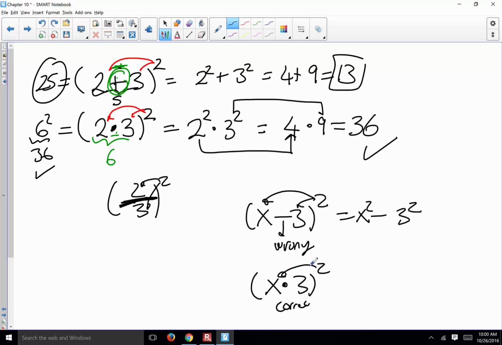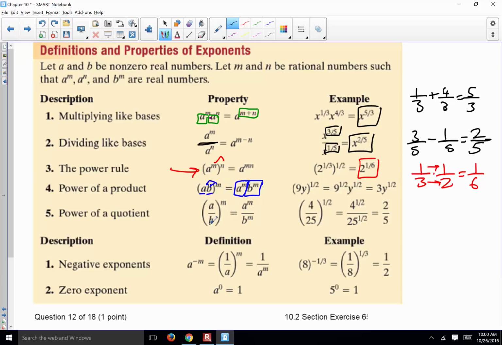You can square each and make x squared and 3 squared, which is 9x squared. This is correct because it's multiplication. If it is subtraction or addition, no, don't do it. How can you square a sum then? You need to double it and FOIL it. Alright, let me finish this list and we will apply them tomorrow, okay?